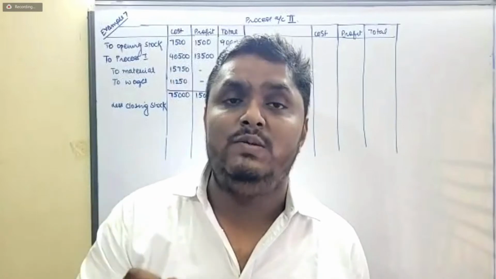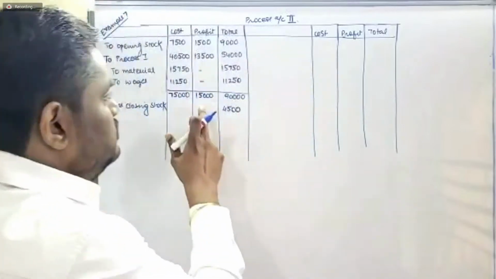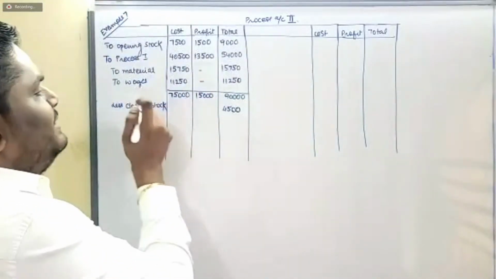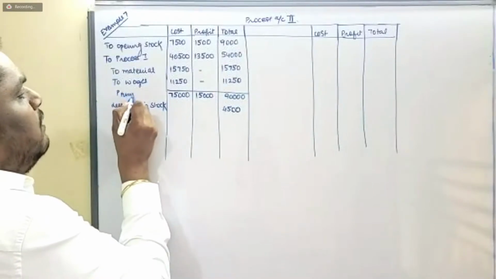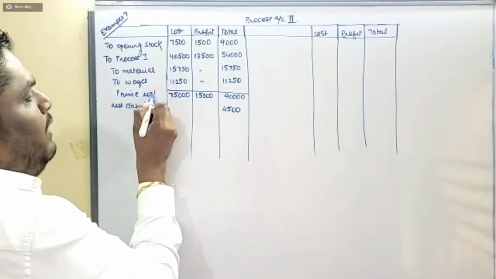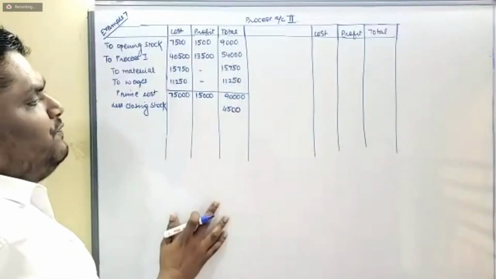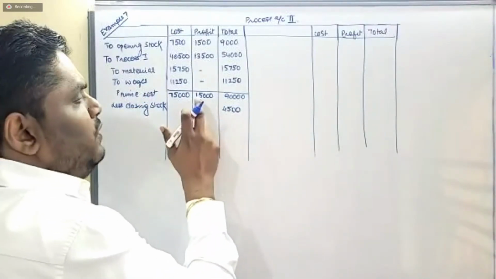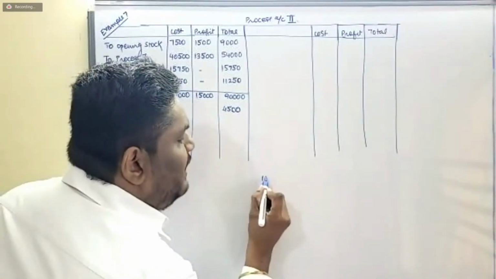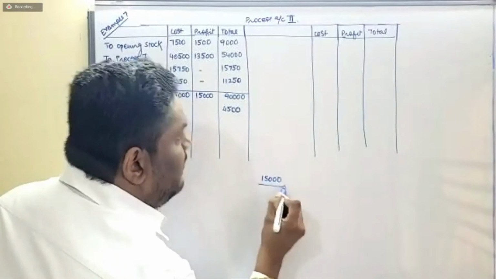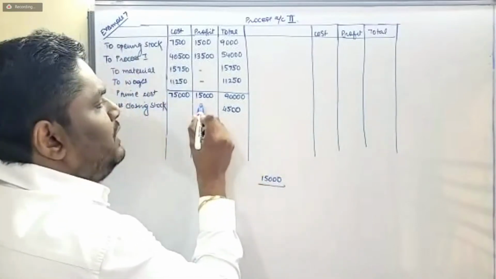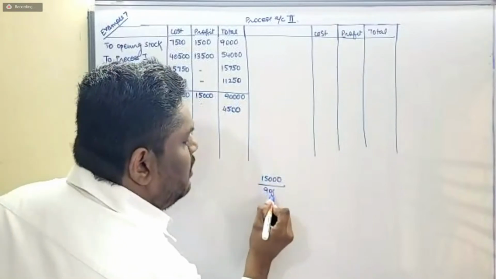So how much will be the profit? This is my prime cost, and we have got the closing stock as 4,500. So 15,000 is the total profit on 90,000.